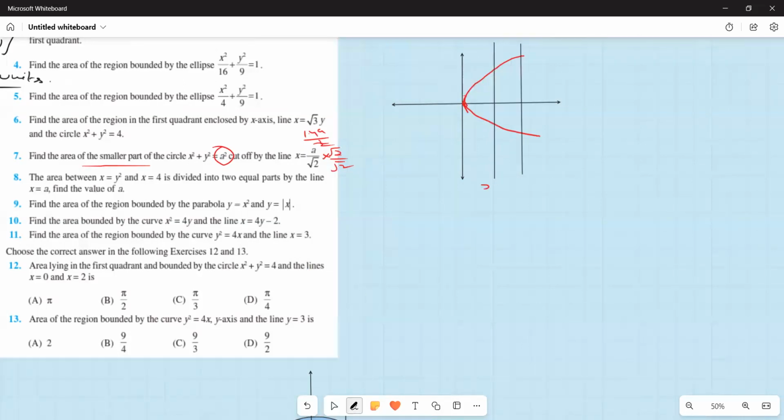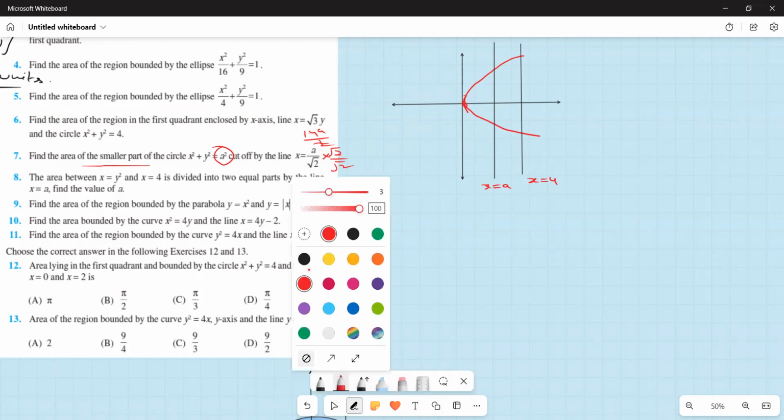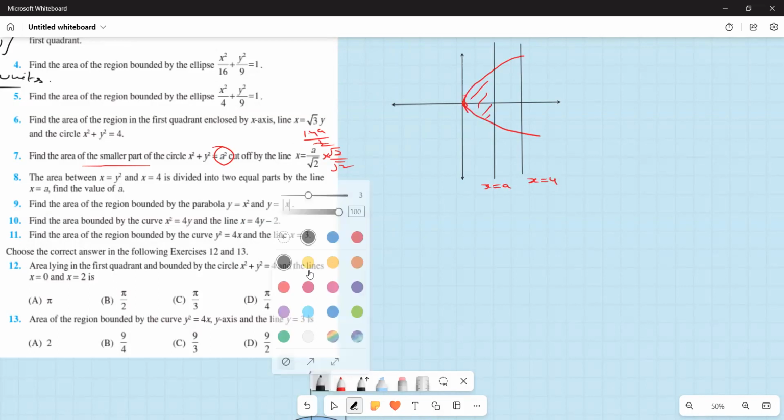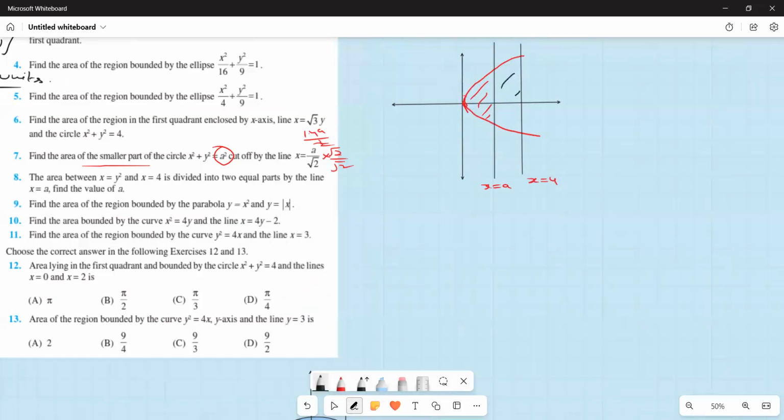Means this is your x is equal to a and this is your x is equal to 4. Now this area is equal to this area, right?